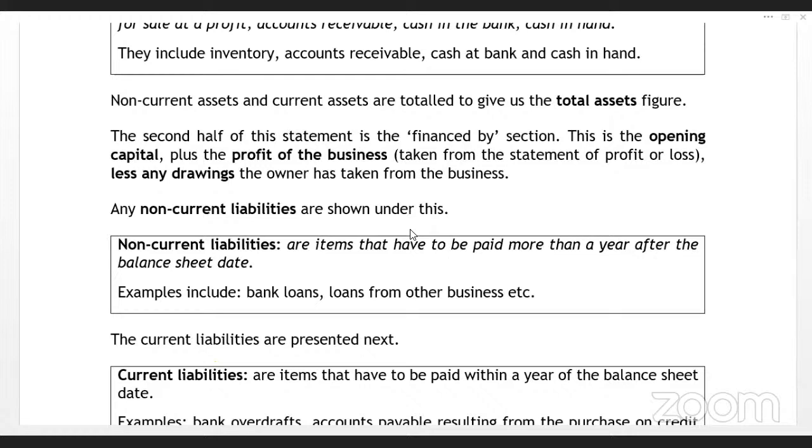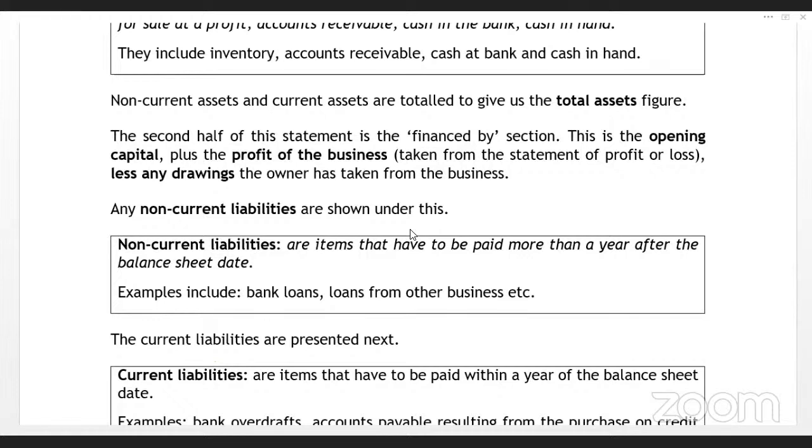Those are the non-current liabilities, items that have to be paid more than a year after the balance sheet date. The examples include bank loans, loans from other businesses. Which are the examples of non-current liabilities?